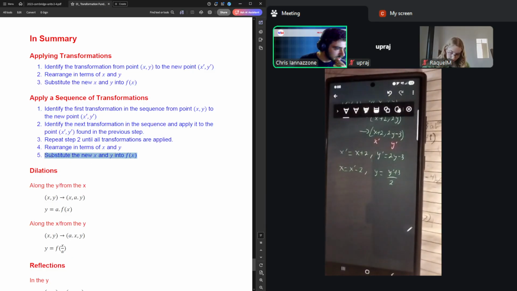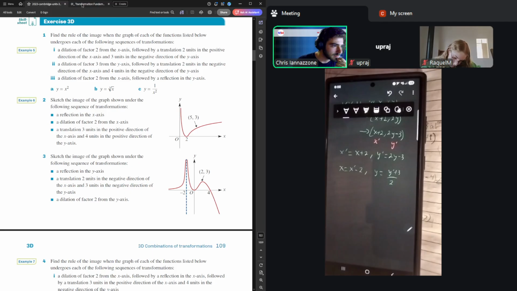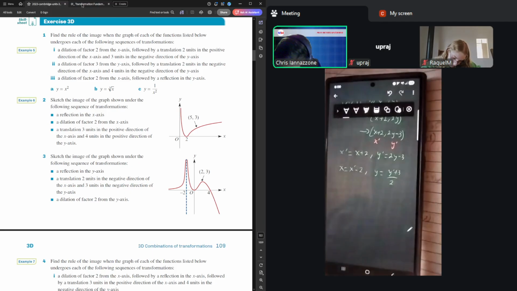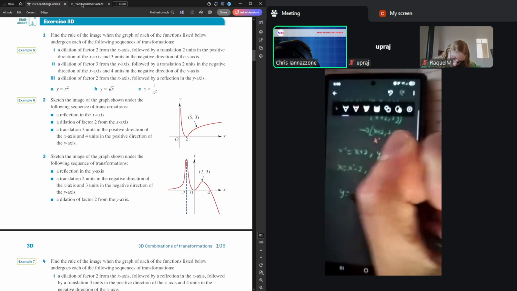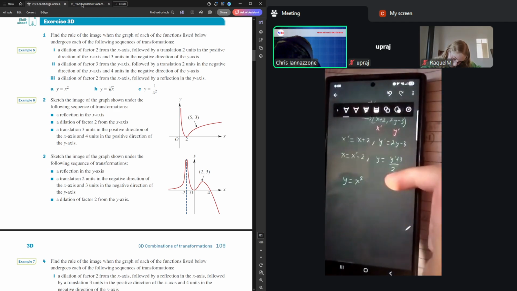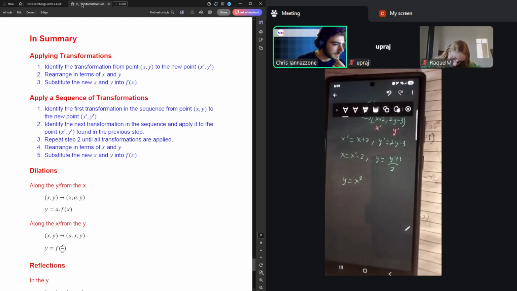Step 5 says substitute the new x and y into f of x. So in our case, we had y equals x squared. That was our function. So this is our starting point. How are we going to make step 5 happen?